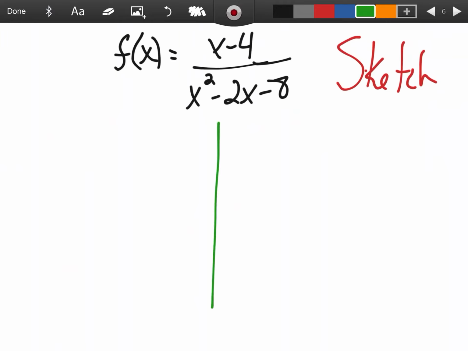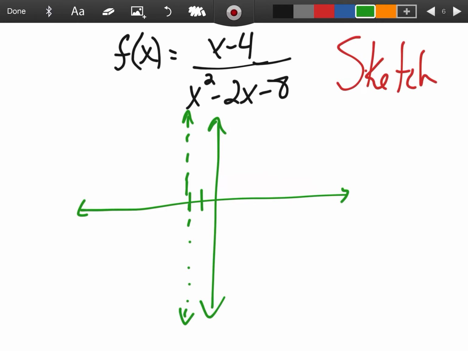All right, so putting it together on the graph. Here we go. So we've got our coordinate plane. Let's start off. We've got our infinite discontinuity at x equals negative 2. And hopefully you've been following along and you've written some of this stuff down.